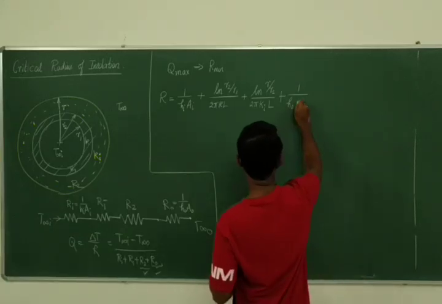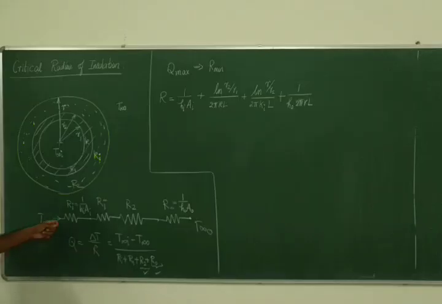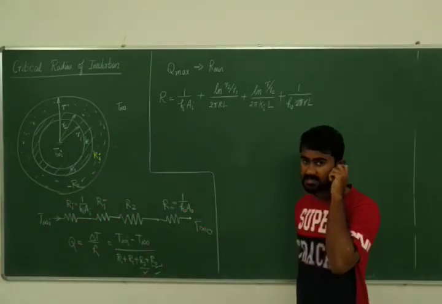Ao is going to be 2 pi R into L. So you can pause for a minute and then write all the resistances. Go look at the data book and write expression for all the resistances. This will be the sum of all the resistances.